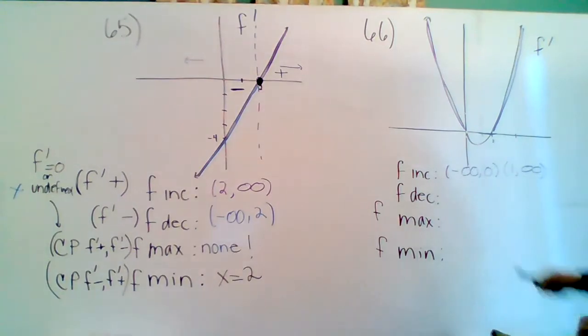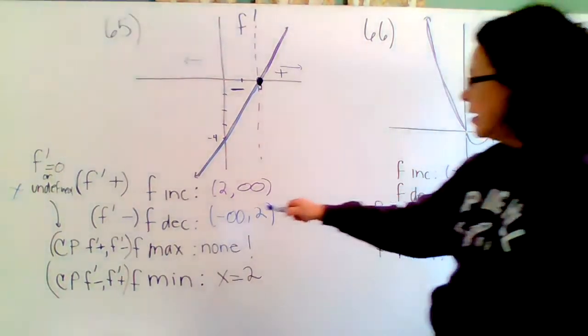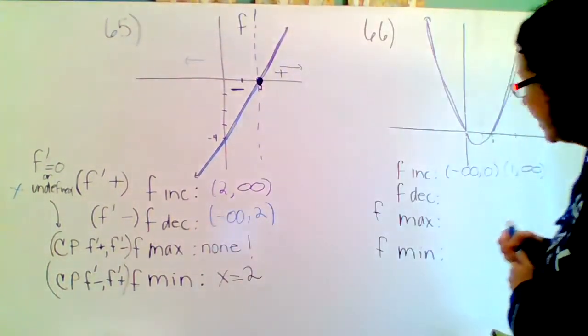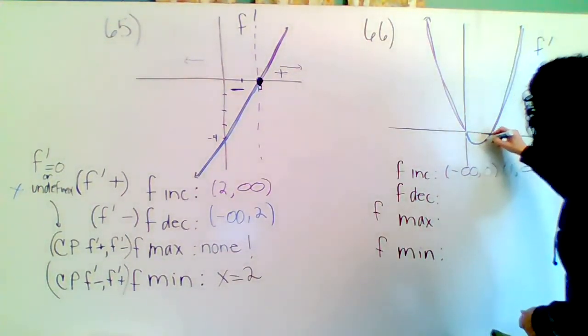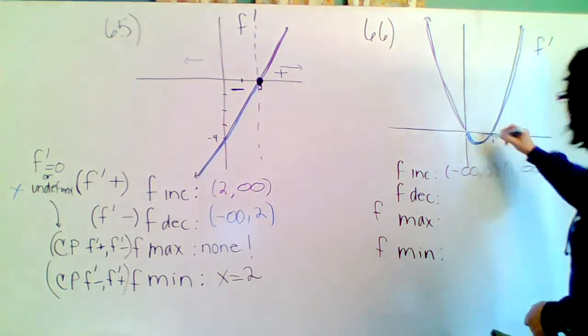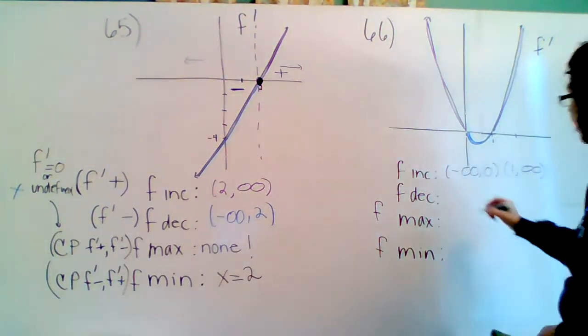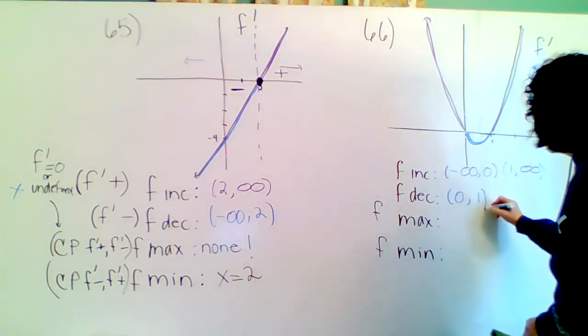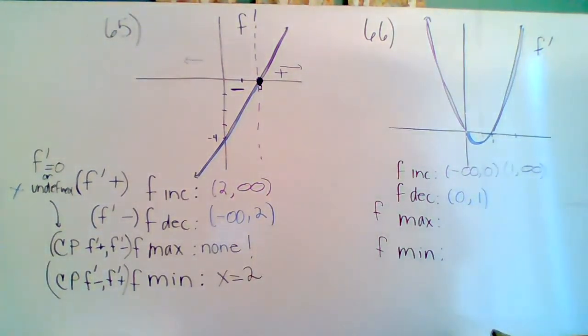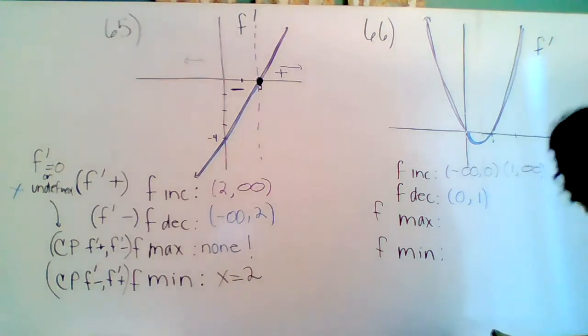Where's the function decreasing? That's where the derivative is negative, in other words, recording negative y values. That is right in between here, between 0 and 1. Where are the maximums and minimums?